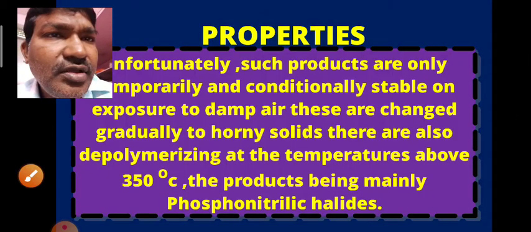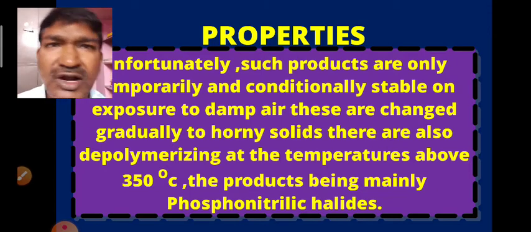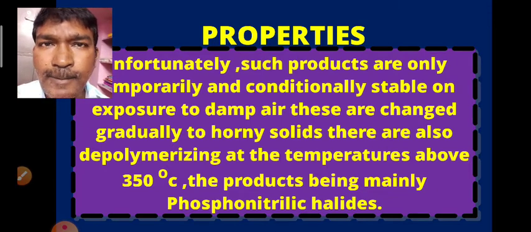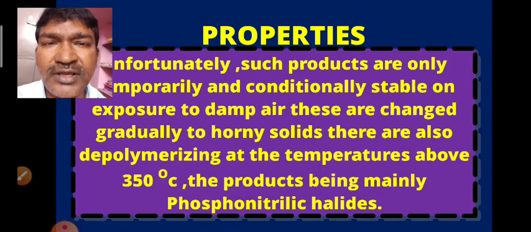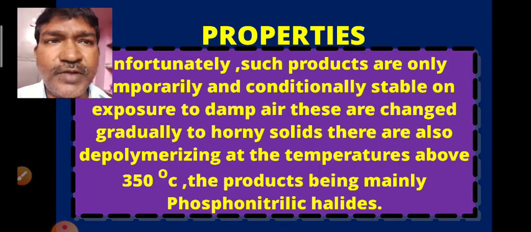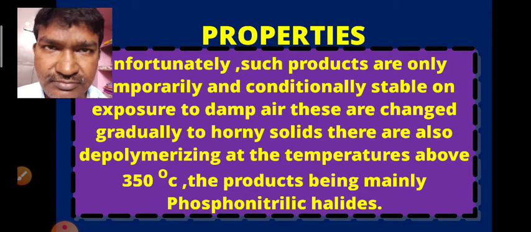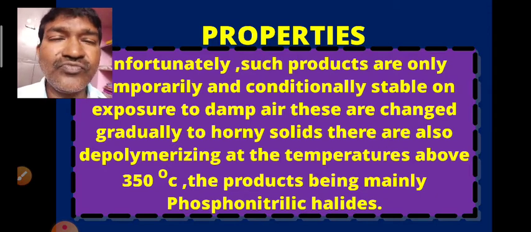But unfortunately, this elastic material does not retain that elastic property for a long time. This is only a temporary property, and only under suitable conditions it retains its elasticity.